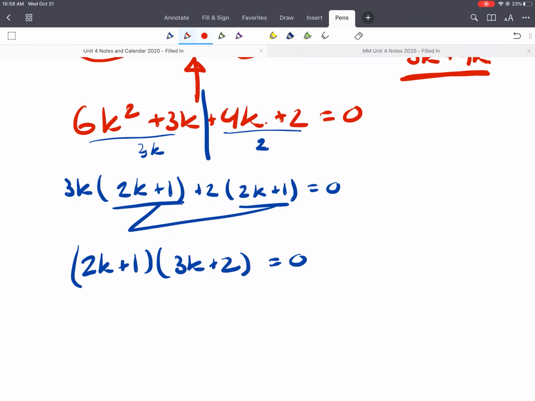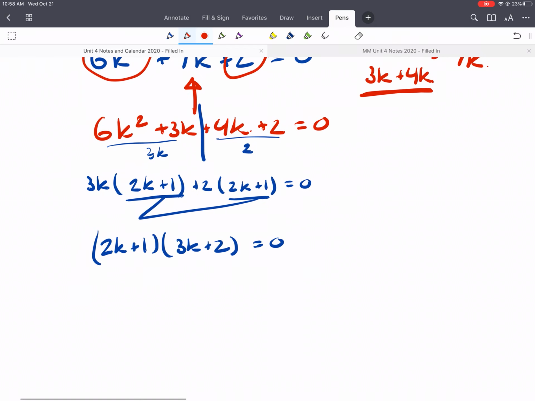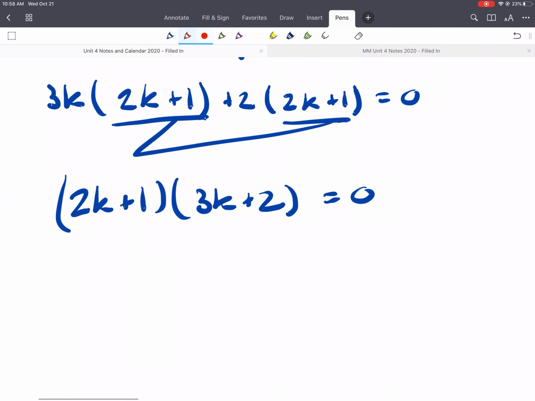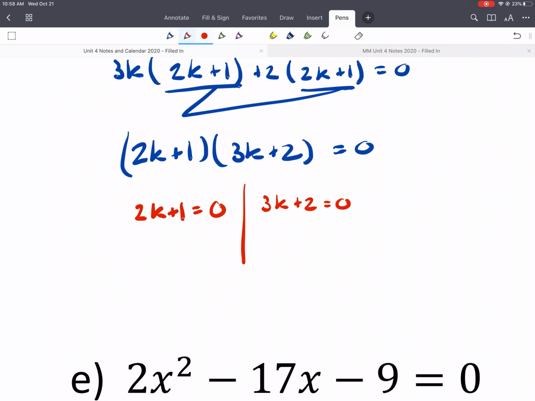We're just going to need to use our zero product property. Okay, I always forget that. So again, we know that either 2k plus 1 has got to be 0, or 3k plus 2 has got to be 0. So if we solve, we'd subtract 1 from both sides. 2k equals -1, and then we'll divide both sides by 2.